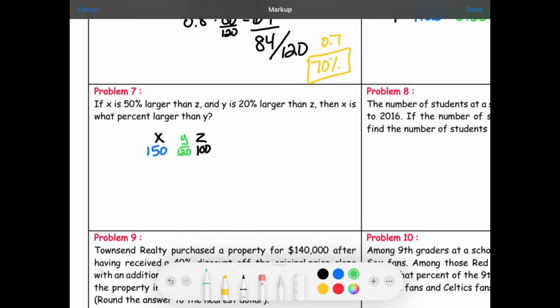So if you were saying x is what percent larger than y, we could do x divided by y, 150 divided by 120, which is 1.25, I'm guessing. Come on.